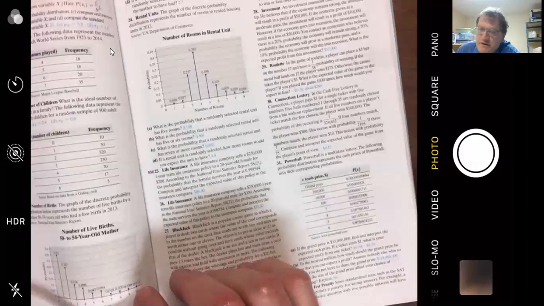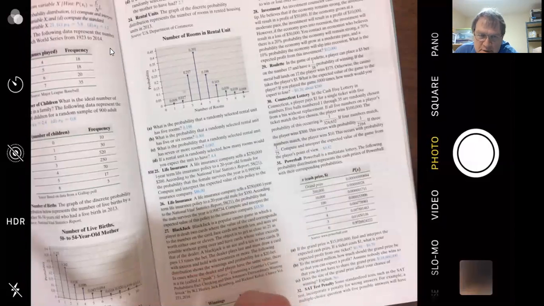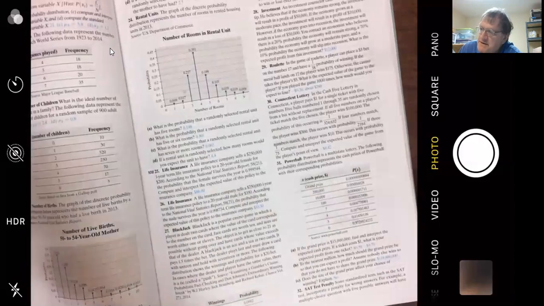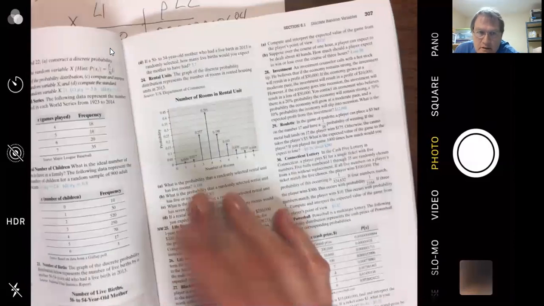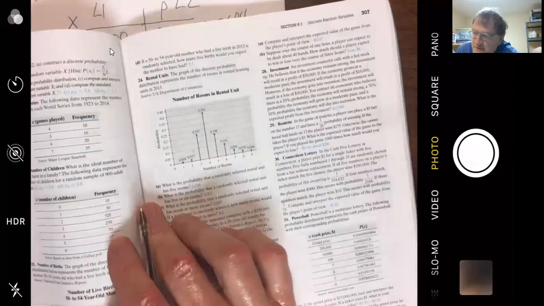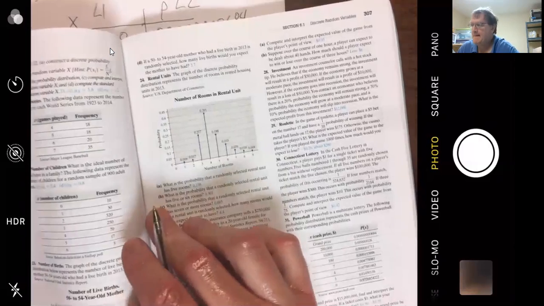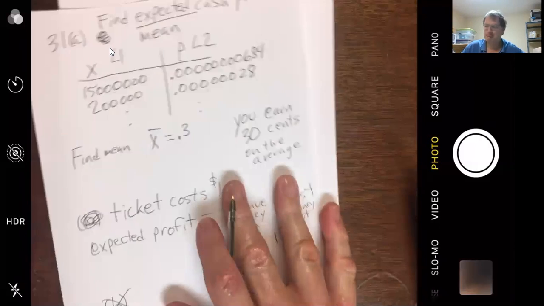If you got a specific one you want to know about, if you can tell me what it is, I can sketch out what they give you here and work it in front of you. Have you got a specific one you'd like to know about? No, Professor, I'm good. Okay.